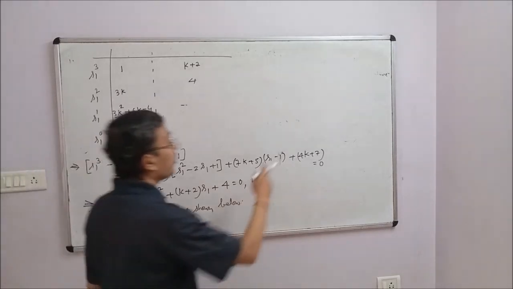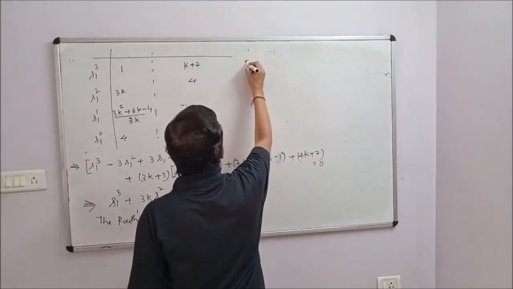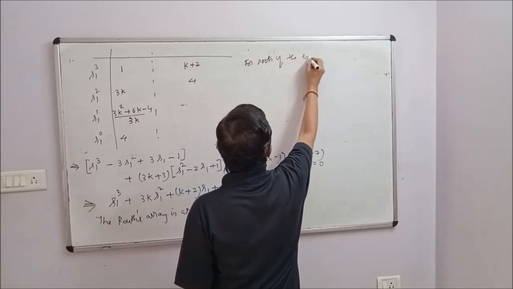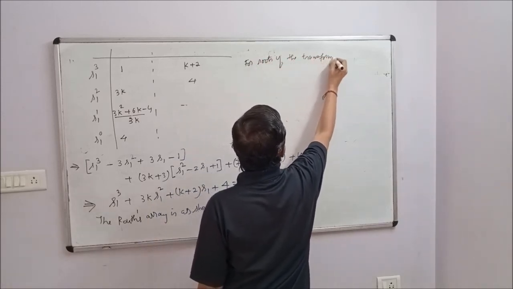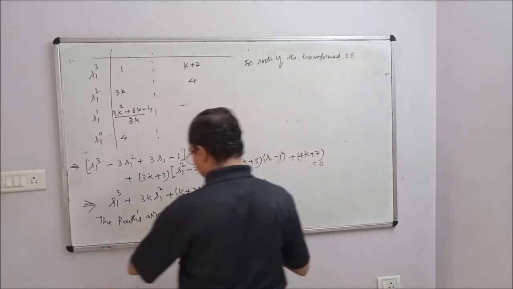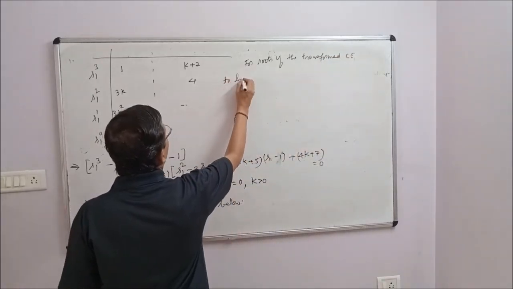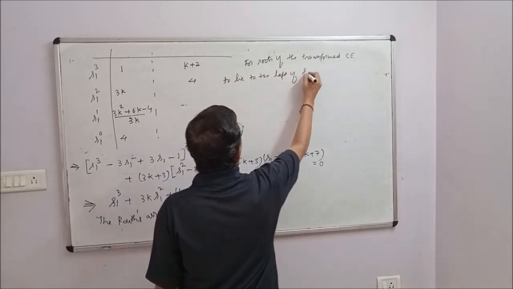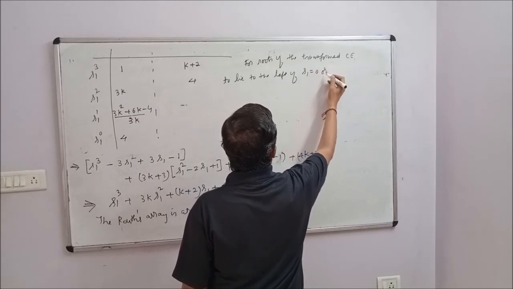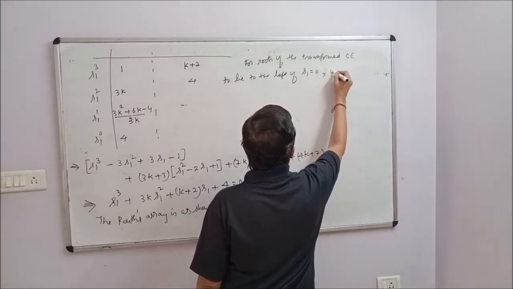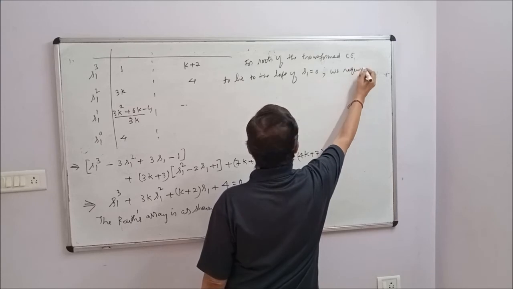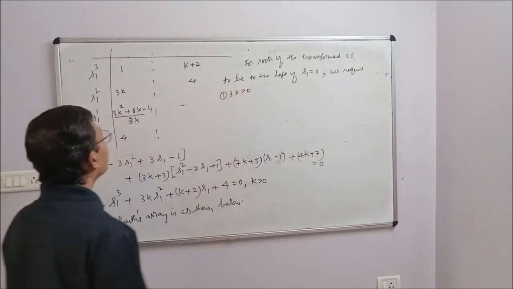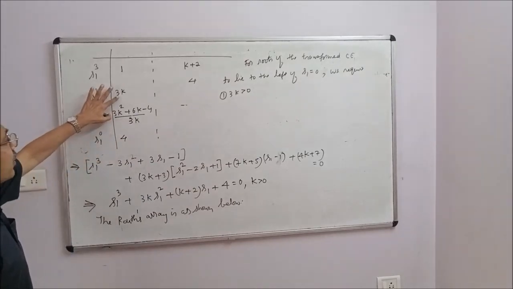I am going to say, for roots of the transformed characteristic equation to lie to the left of S1 equal to 0, we require 3k to be greater than 0.